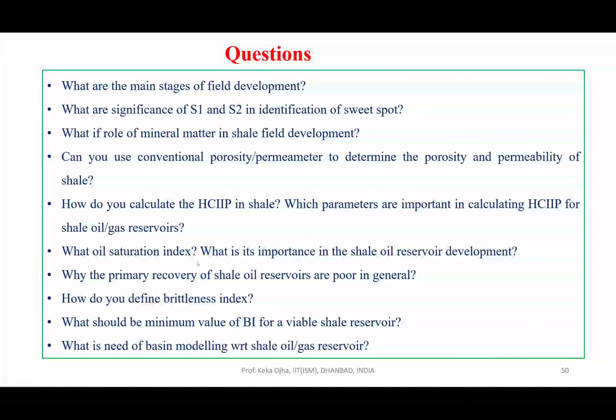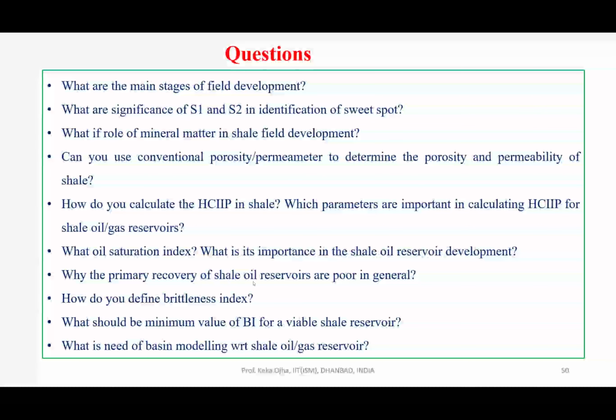Oil saturation index, what is that, and why is it important? That indicates the economical volume of hydrocarbon present there. What should the minimum value be? In general, 100 for an economical one.